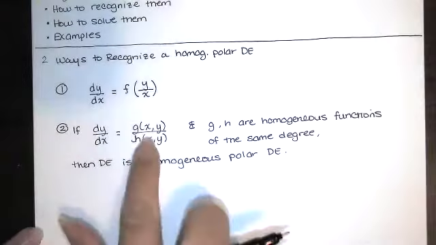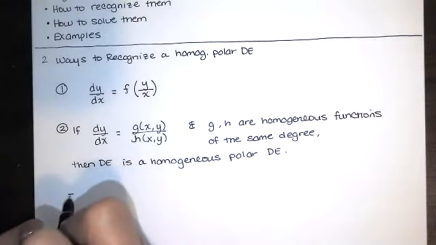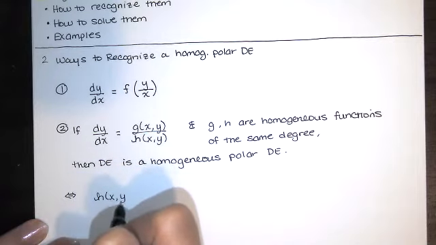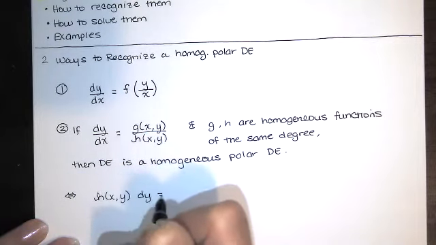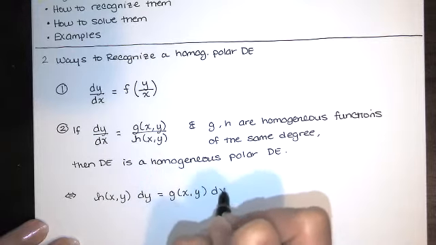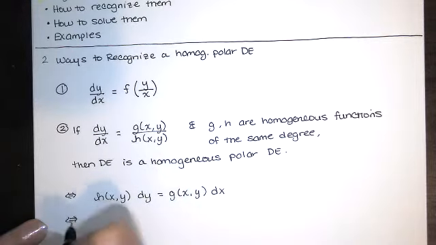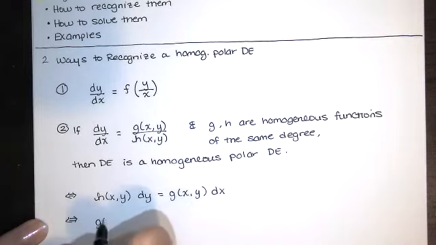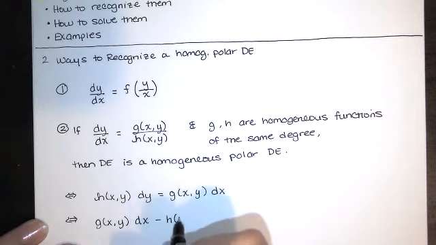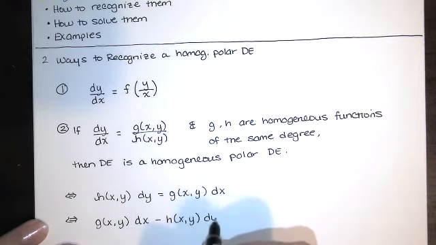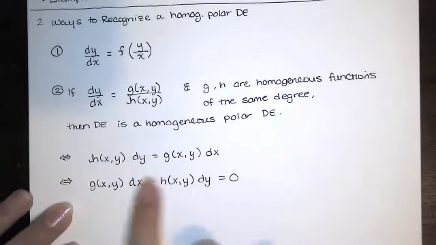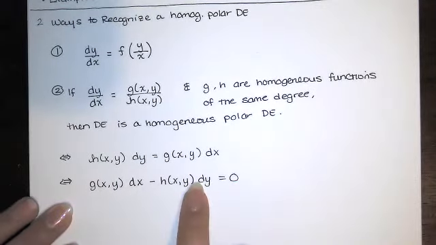Now, equivalent to this last one is this. If I multiply both sides by h of xy, and I multiply both sides by dx, and then I rearrange these just a little bit, sometimes you'll see a homogeneous polar differential equation written in this form.